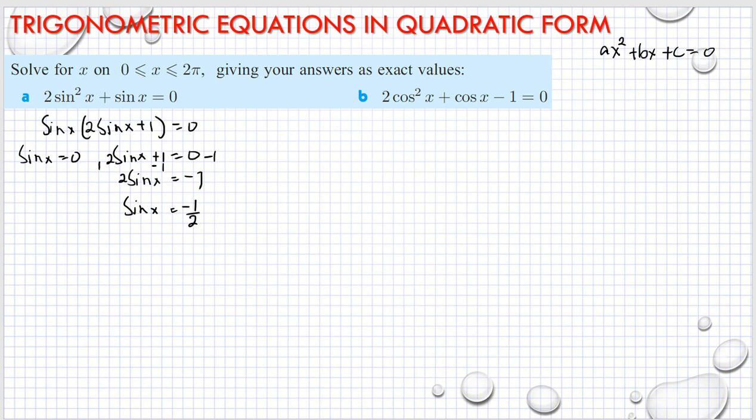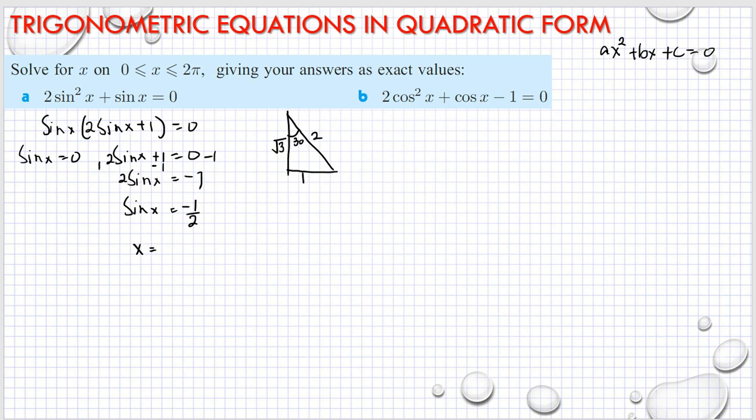Okay, and 1/2 is very familiar. We have this 30 degree triangle, and we have 1 there, and we have 2 there, and we have square root of 3 there. So our x here is pi over 6, but we have negative.